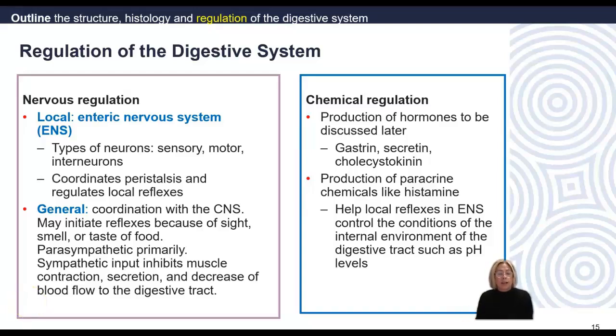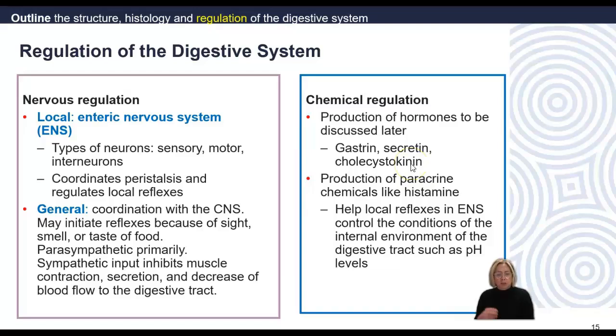Now, chemical regulation. There's lots of production and secretion of hormones. These are locally acting hormones from enteroendocrine cells that secrete them. So things like gastrin and secretin and cholecystokinin, and we'll talk about them when we get to the stomach and the small intestine.